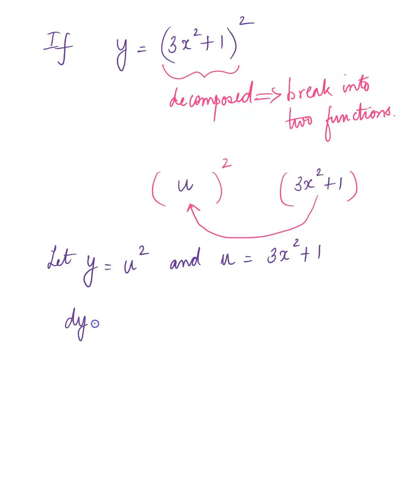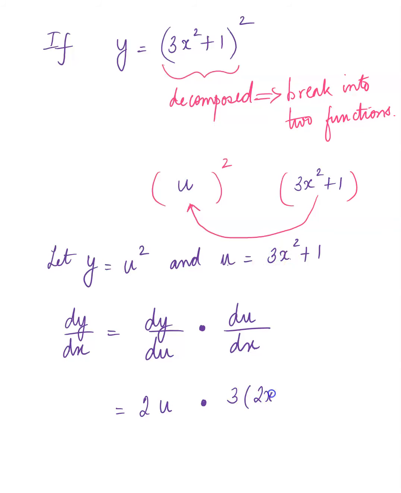So the whole idea is to do the dy over dx in this split form, dy over du times du over dx. So let's look at dy over du. So y with respect to u, that will be 2 times u times du over dx. So u with respect to x. So that will be 3 times 2x. Okay, that's plus 0, right?